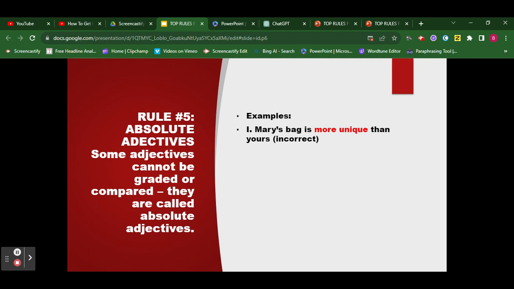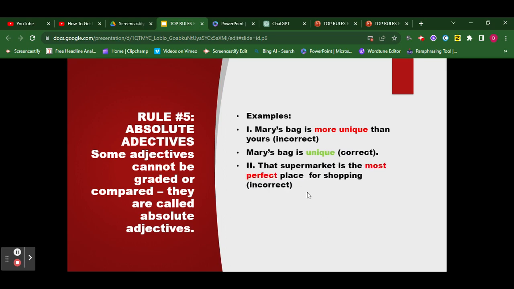For example, if you say Mary's bag is more unique than yours, it's incorrect because the word unique is an absolute adjective and it doesn't have to be compared. You cannot say more unique or most unique. No. When something is unique, it is absolute. Okay. And so the correct thing is to say Mary's bag is unique.